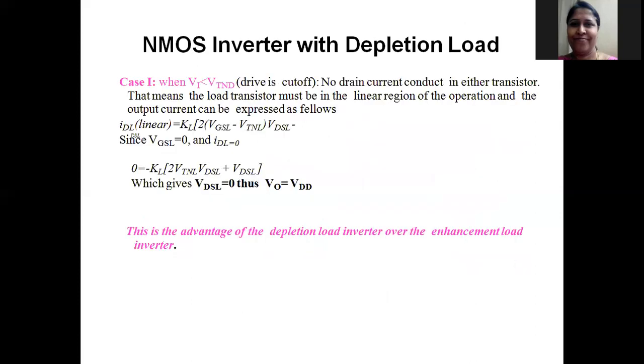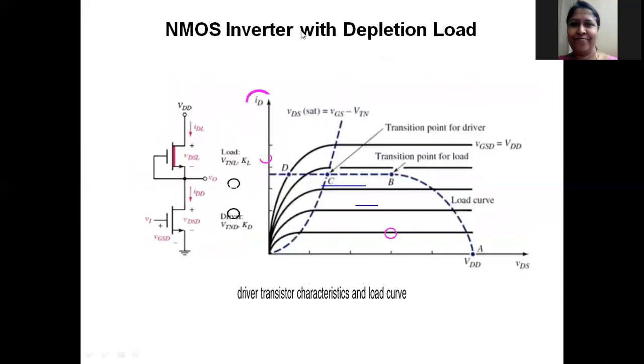So you can analyze the working of the NMOS inverter considering different regions of operation. When the input voltage to this enhancement device is lesser than the threshold voltage, this device will be in the off state and the current will not flow through this device.